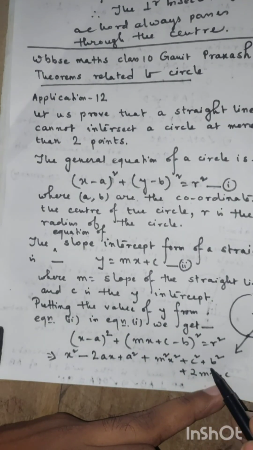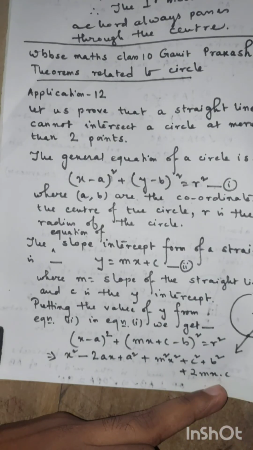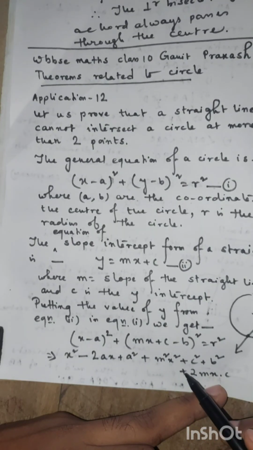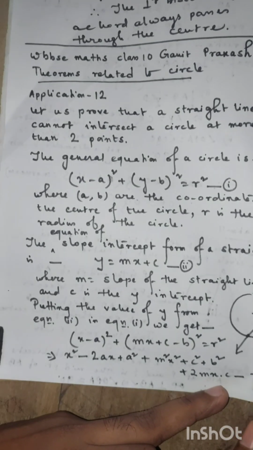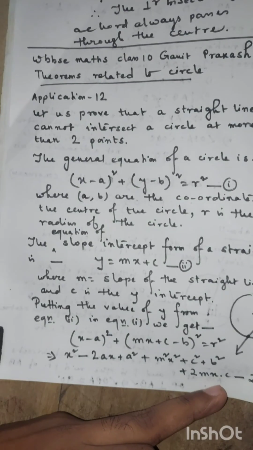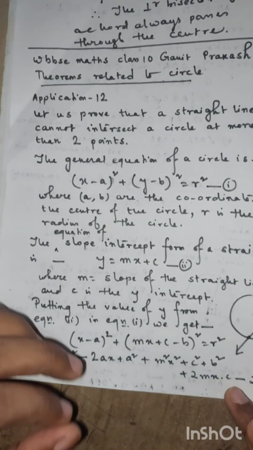Using the formula of a plus b plus c whole square, a square plus b square plus c square plus 2ab minus 2bc minus 2ca.